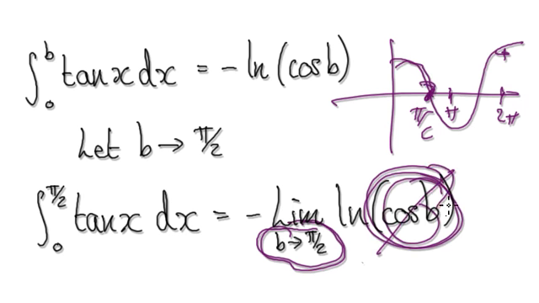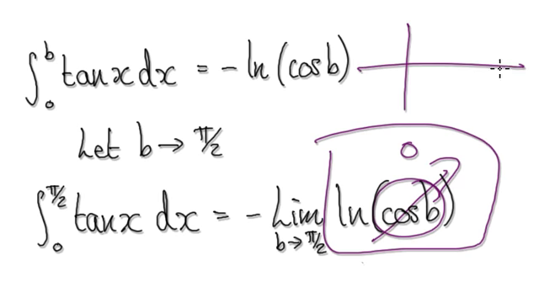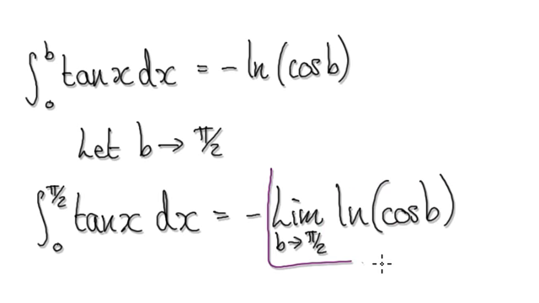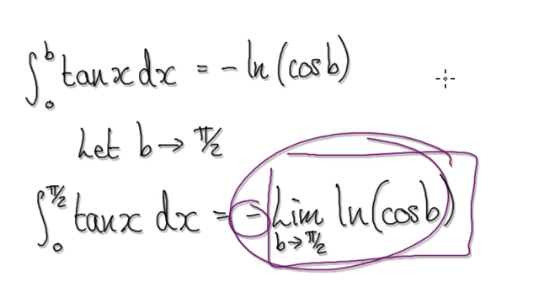And the natural log of x looks like this. Remember, as you head towards 0, natural log of 0 heads towards negative infinity. If this thing is heading towards negative infinity, you've got a negative here, making the whole lot head towards positive infinity.